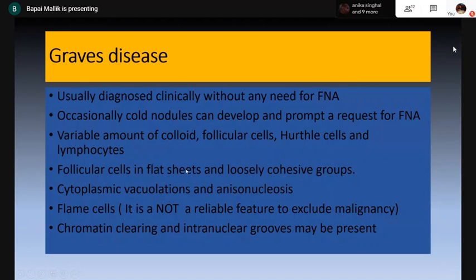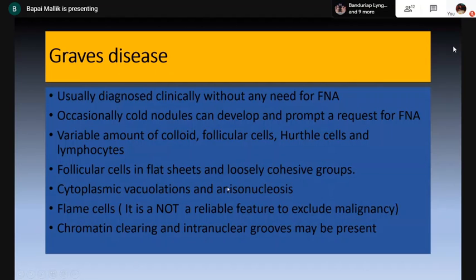The follicular cells are present in flat sheets and loosely cohesive groups. They do show cytoplasmic vacuolations and anisonucleosis. They may show flame cells, so a fire flame appearance, you're going to see a picture. And in Graves' disease, there is a significant amount of chromatin clearing and intranuclear grooves.